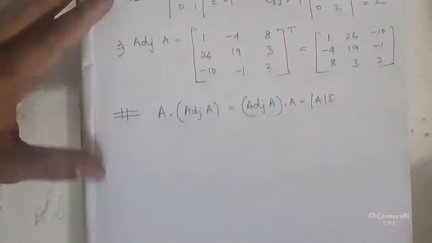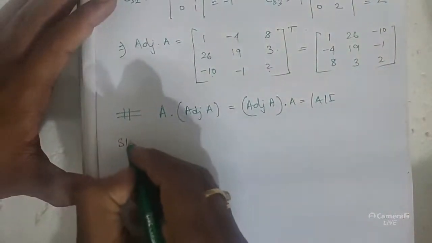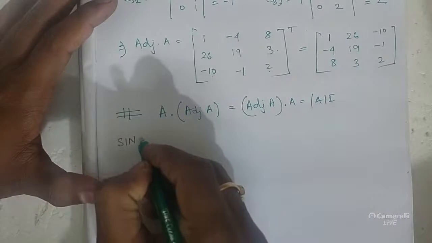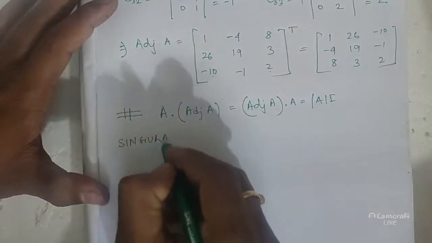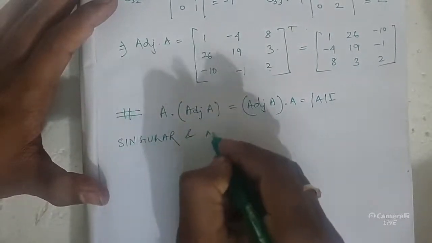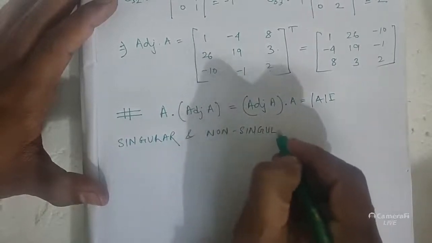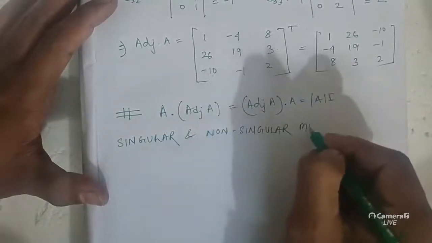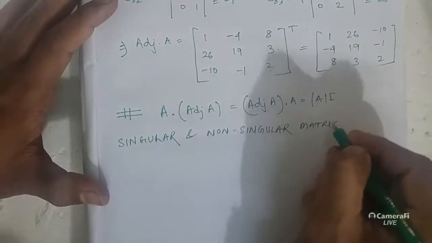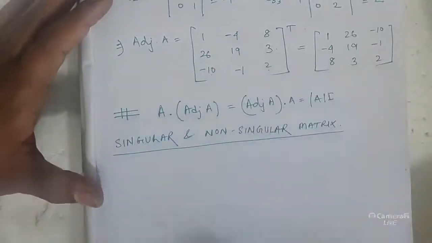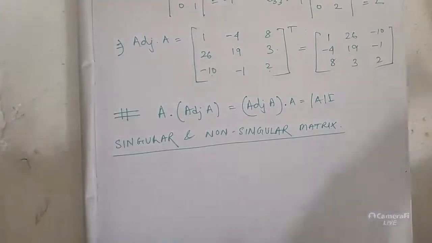Next, two definitions are there: singular matrix and non-singular matrix. What do you mean by singular matrix?